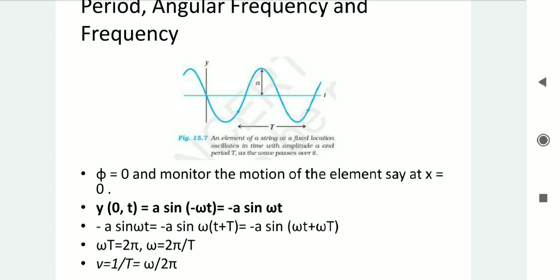And this ωT, which is nothing but the time period defined in radian 2π, means that after 2π cycle the sine function will get repeated. So here ωT equal to 2π, so ω equals 2π by T, and linear frequency ν equal to 1 upon capital T, the time period, will give you the function ω divided by 2π.